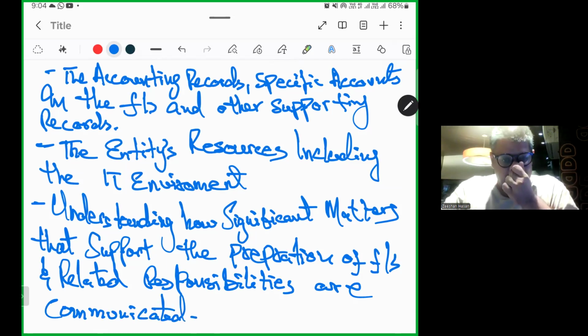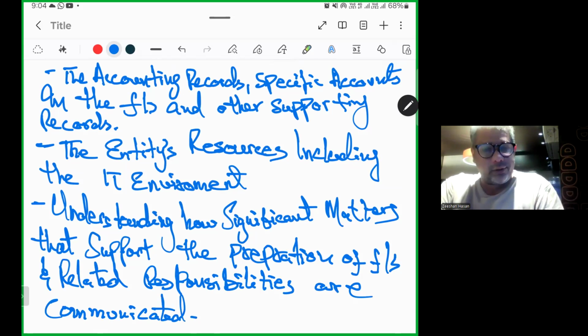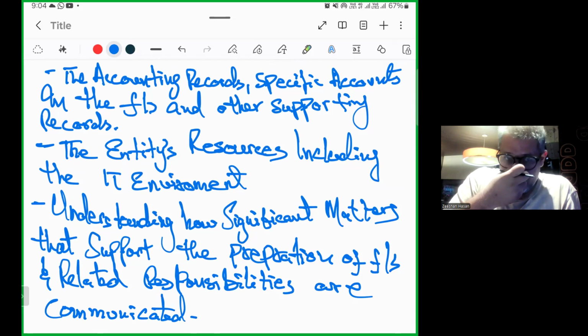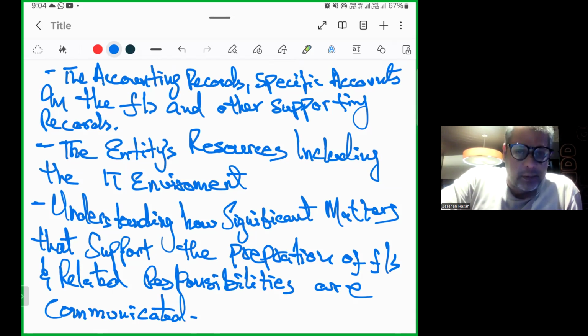So far, so good. And it includes communication between management and those charged with governance, evaluating whether the information system and communication appropriately support the preparation of financial statements according to the applicable financial reporting framework. Right, so far, so good.